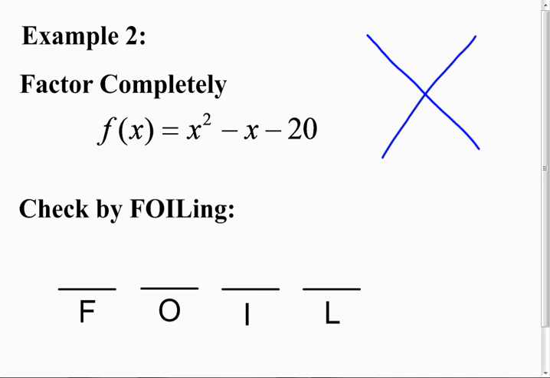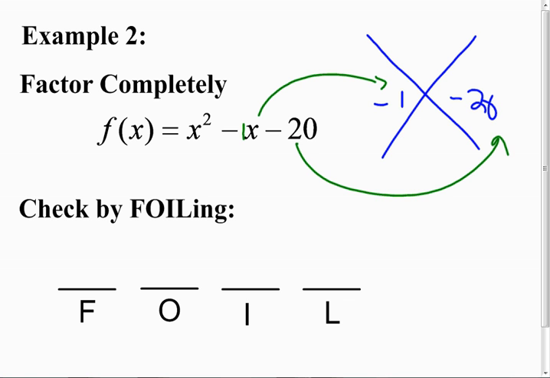What goes in here? What number? -1, and this is -20. Now, the number in front of the x is what goes in here, and this number goes in there. And now we want factors of 20. Forget the negative for right now. 1 times 20, what else? 2 times what? 10.